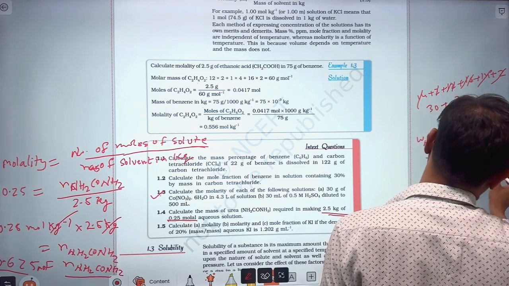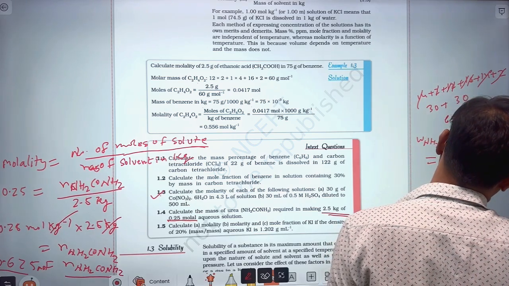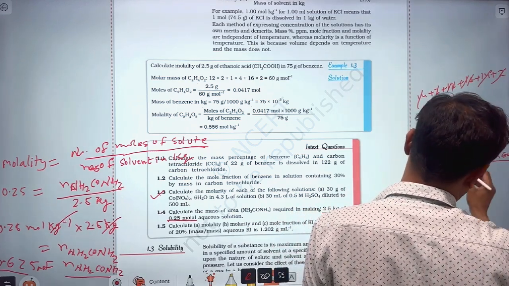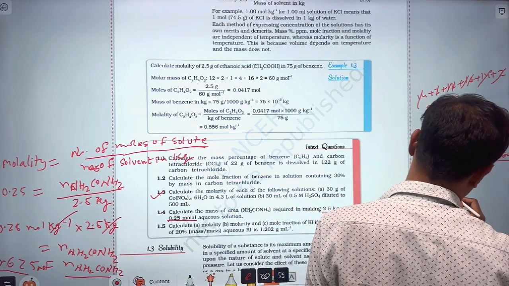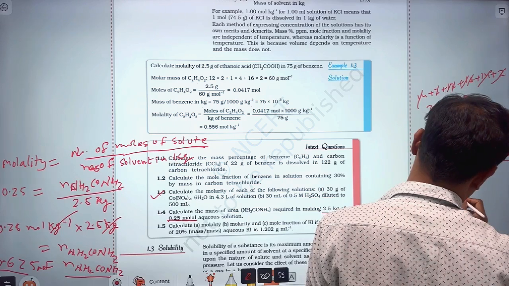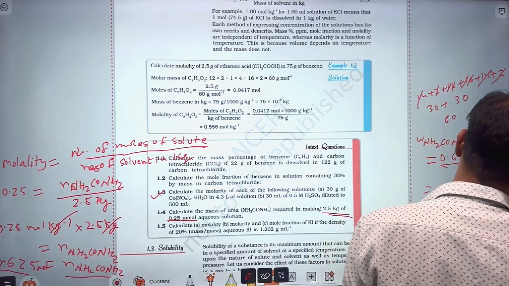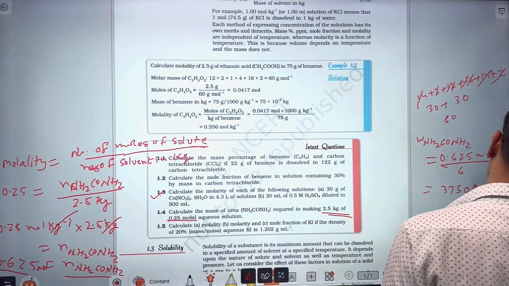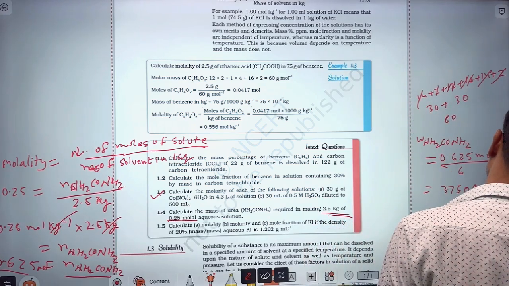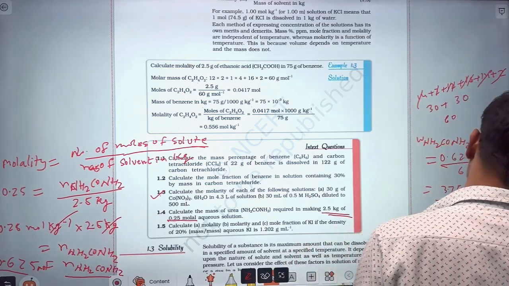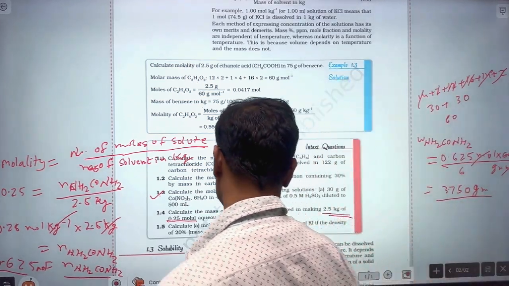So this one into 60, that will be that much in gram, because it is mole and molecular weight will be 60 gram per mole. So mole will cancel out. So the answer which you got will be in gram.